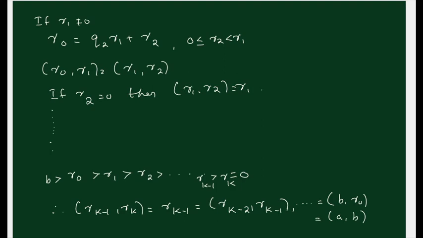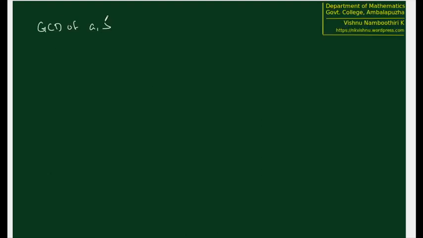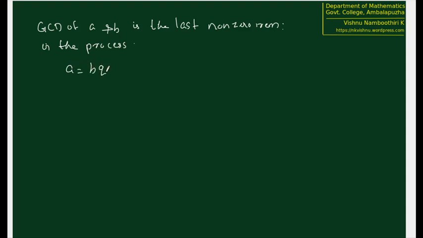So the Euclidean algorithm says that the GCD of A and B is the last non-zero remainder in the process A equals B Q naught plus R naught, B equals R naught Q1 plus R1, etc. Maybe we will write one more step.